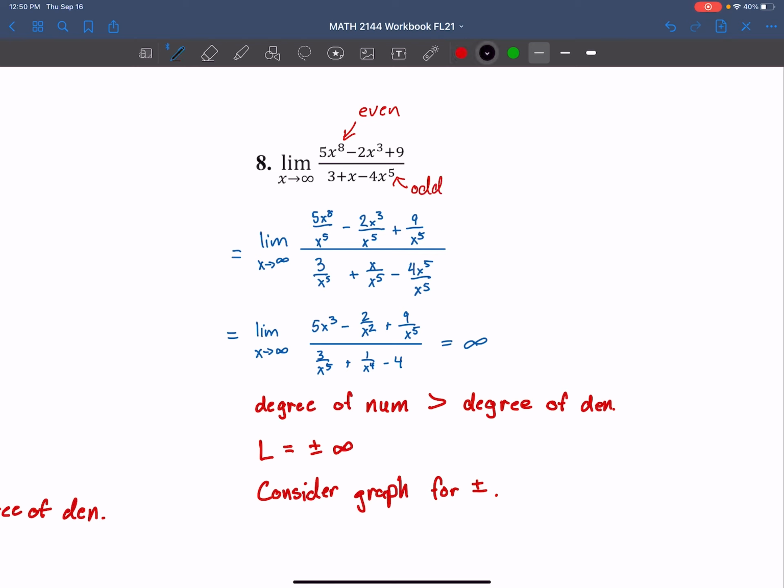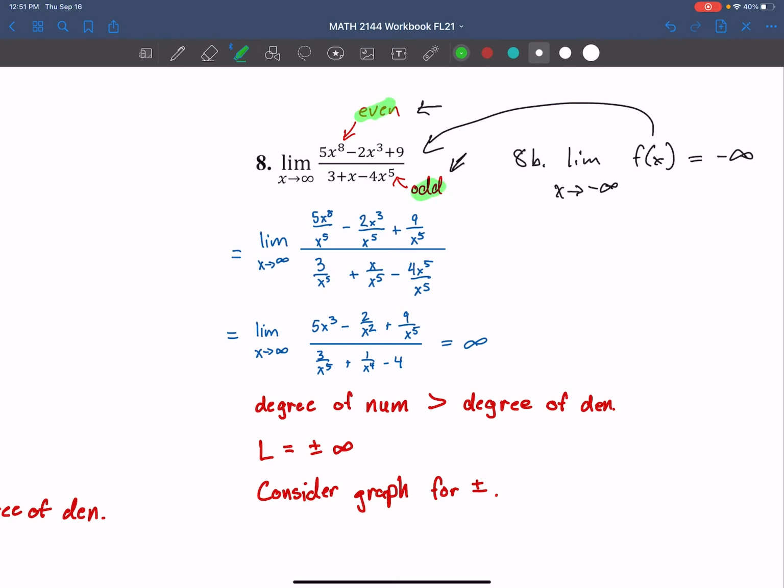So what if we were to consider the limit of 8b as x approaches negative infinity? We want to be very careful because the odd and the even will affect the sign of the limit. So if this right here is our function, let's say it's the same function as there, this one is going to be negative infinity because of the even, odd, negative infinity is going to affect that.